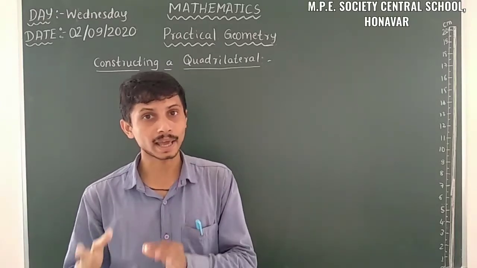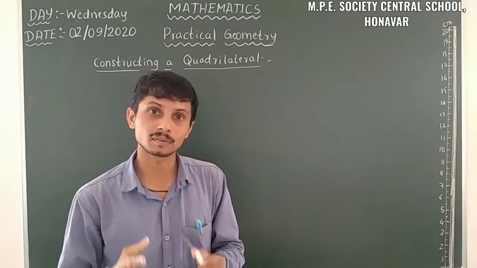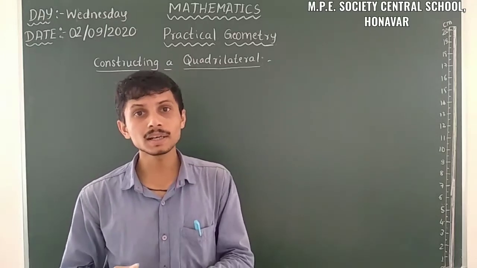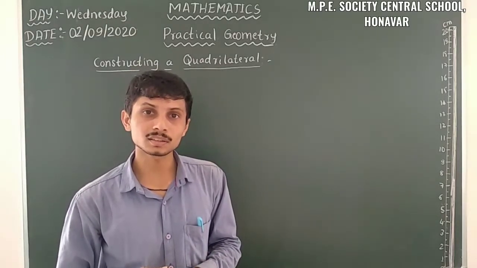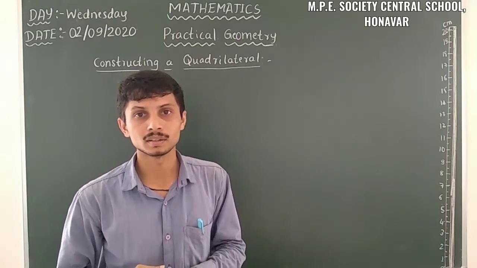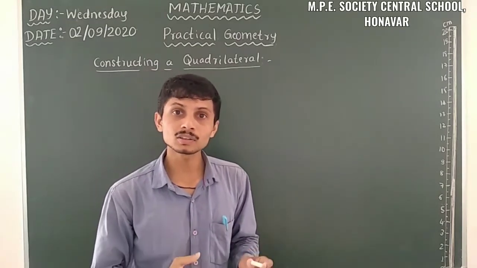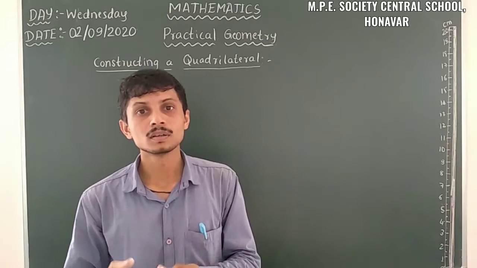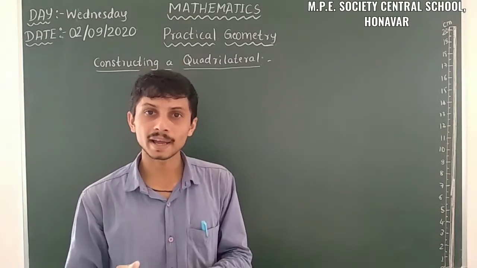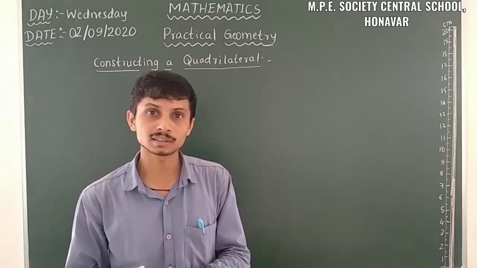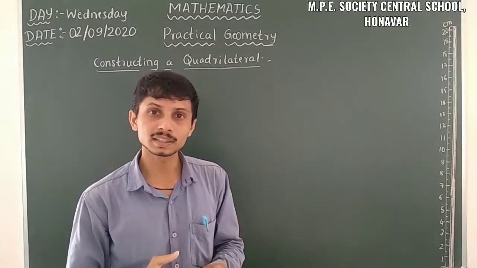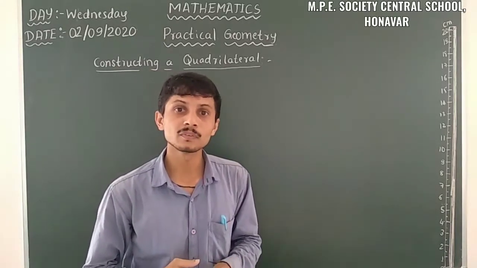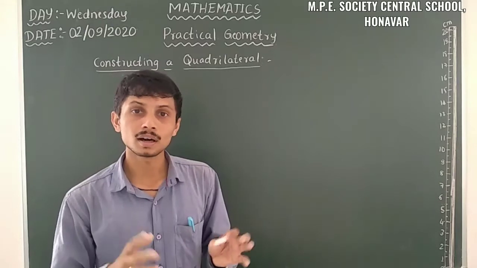From these elements of a quadrilateral we can construct any quadrilateral. That means we want the length of sides, measure of angles, and length of diagonals.